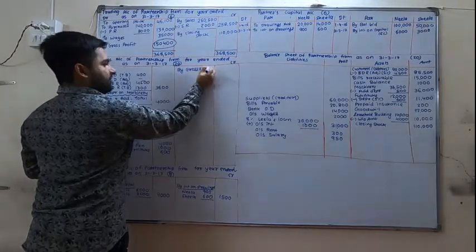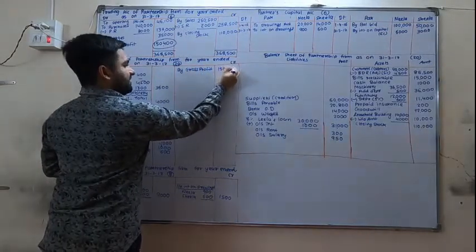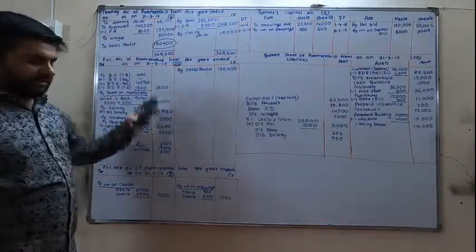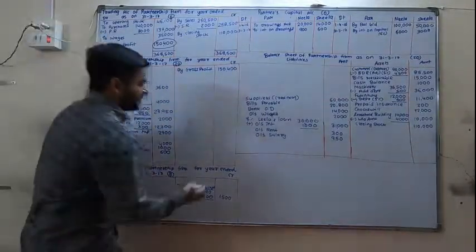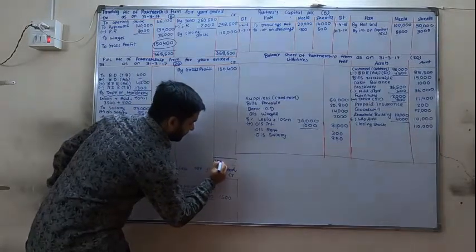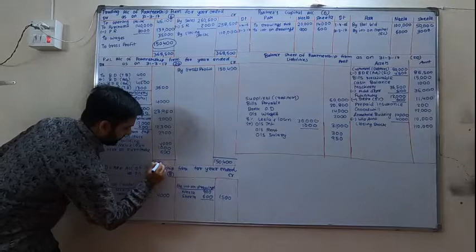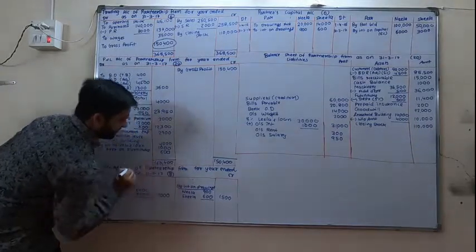By gross profit 1,50,400. Now I think again today credit side is more, debit side is not more.